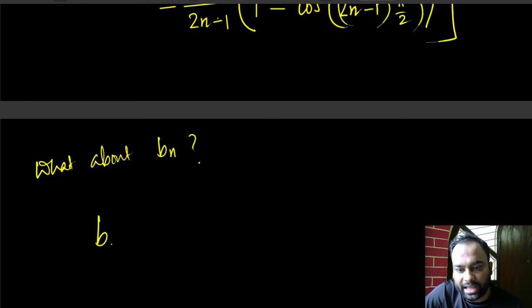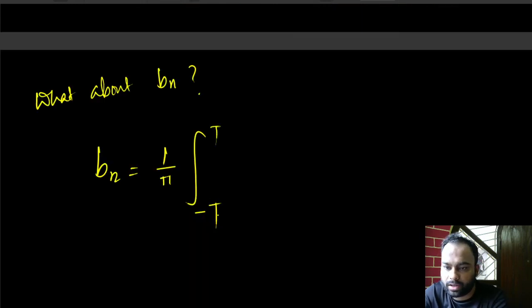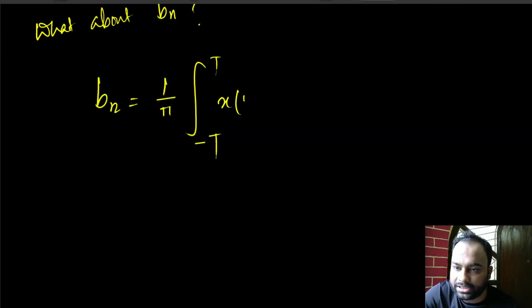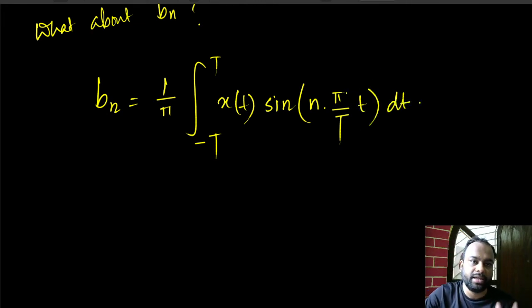If I calculate bn, we know that's going to be 1 by pi times the integral from minus T to T of x(t) sine of n pi t by capital T dt, just like the previous one, because this signal is expanded upon a period span of 2T, right?